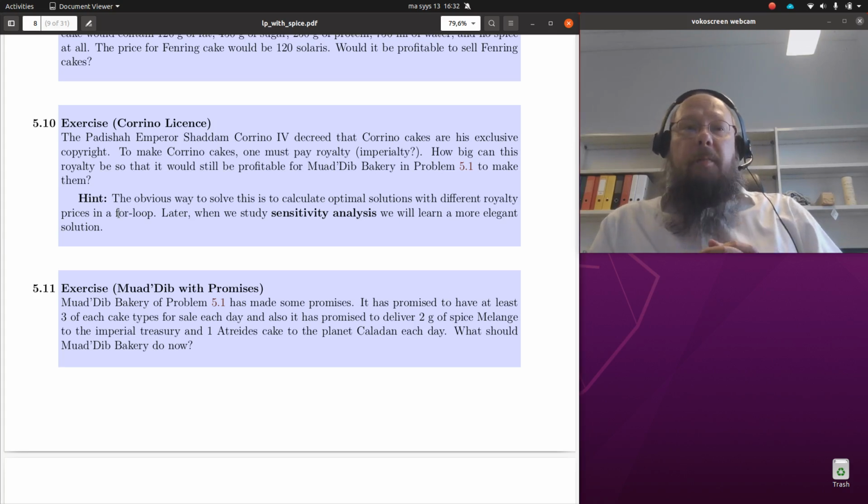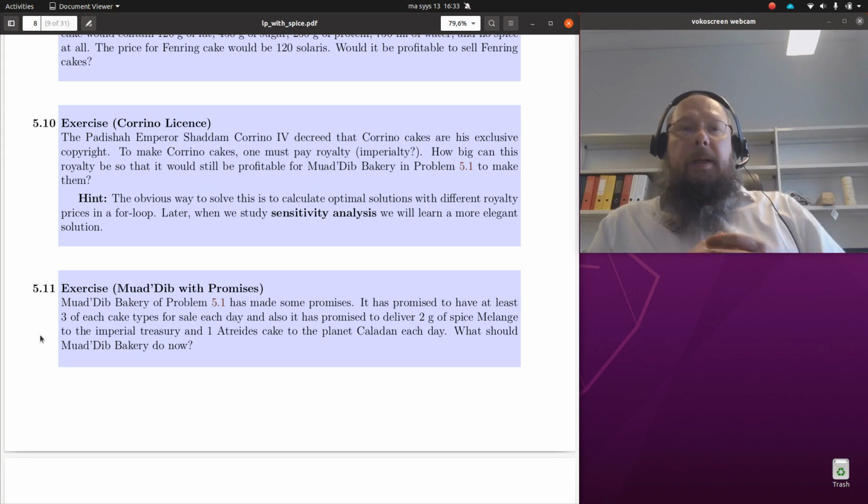This is maybe not very elegant, but at least it is a straightforward way and probably very informative. And here I want to make a point that later we study so-called sensitivity analysis, and we learn a much more elegant way to solve this Corino license exercise.